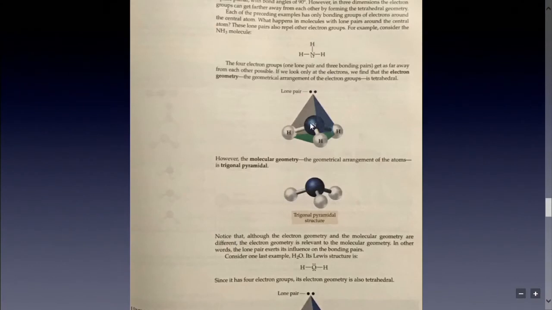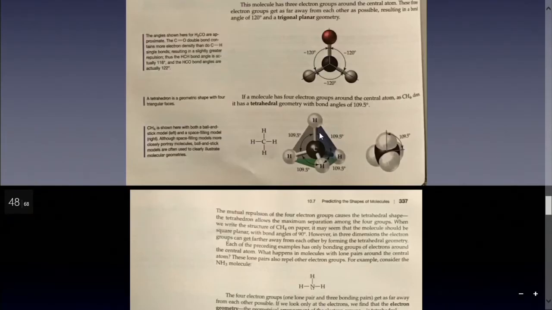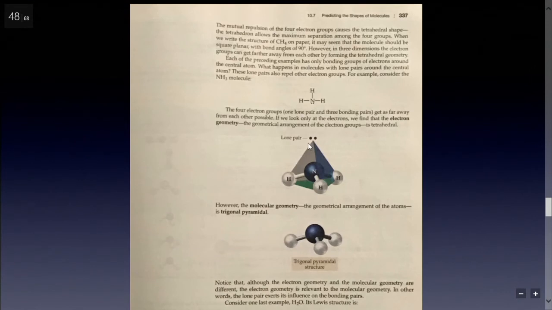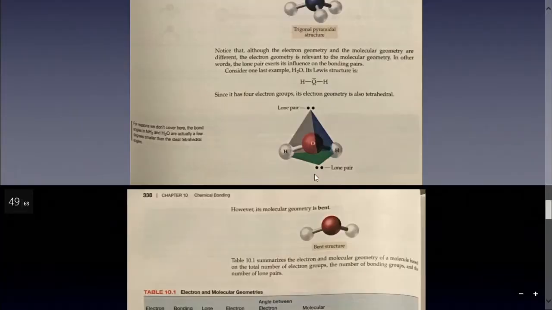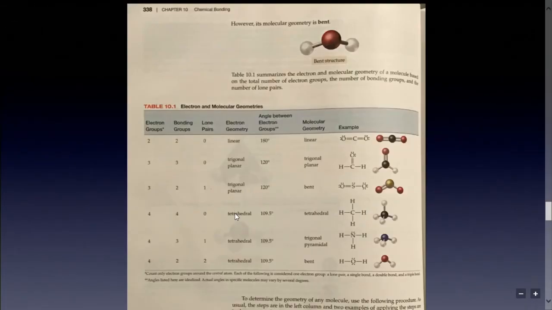So it's tetrahedral like this, but yet one of the atoms is replaced with a lone pair. If we wanted to talk about its electron geometry, we would say it's tetrahedral. But that's not really what the answer is. The answer is what is its molecular geometry? Well, because one of them is a lone pair, it's pushing down on the 3 atoms, and it's really going to have a trigonal pyramidal molecular geometry. All right.